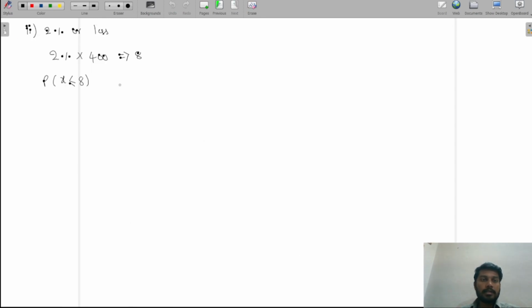Okay, right. x less than or equal to 8 means what are the values of x? 0, 1, 2, 3, 4, 5, 6, 7, 8. Yes, so I can denote it as P of x equal to 0 plus P of x equal to 1 plus so on plus P of x equal to 8.